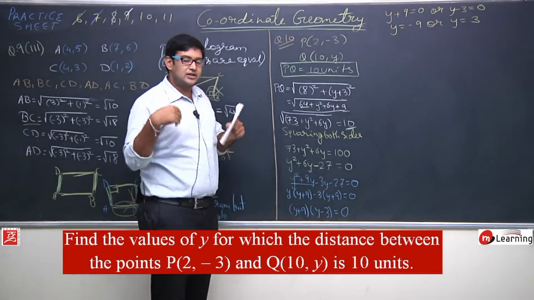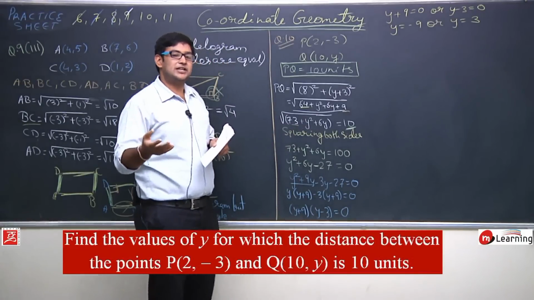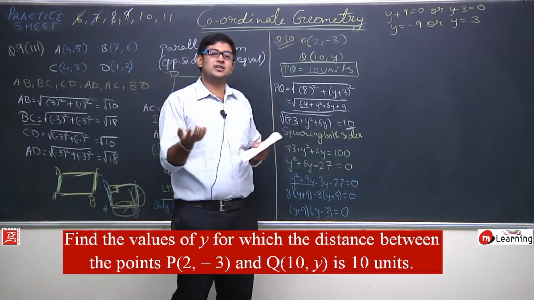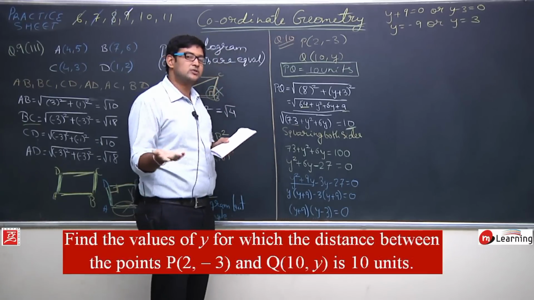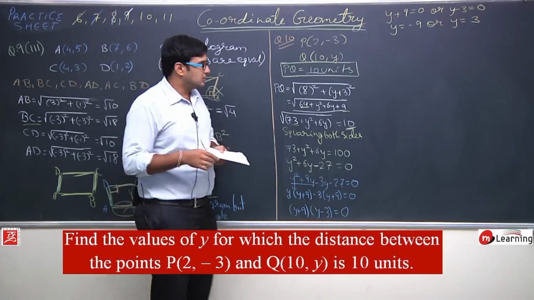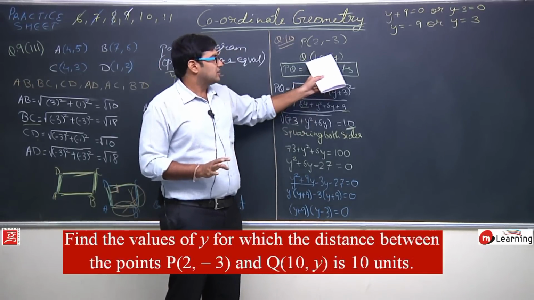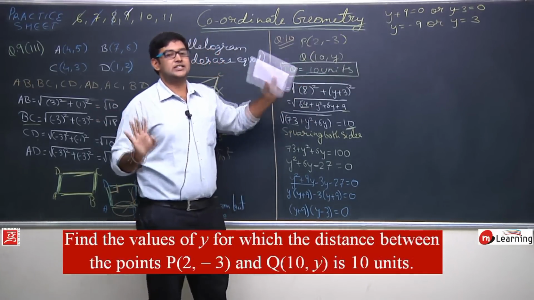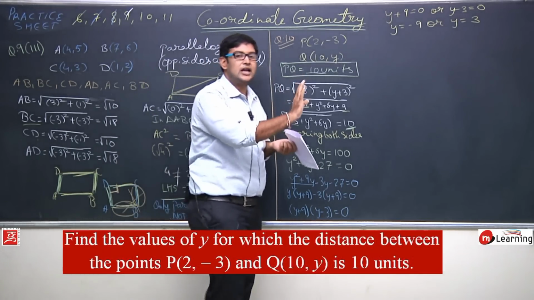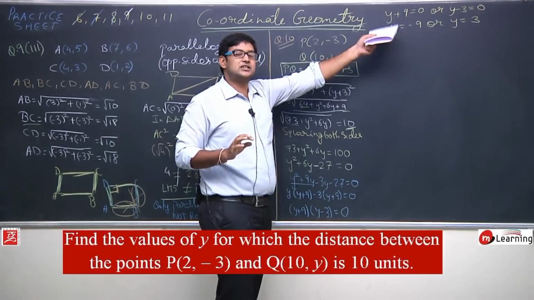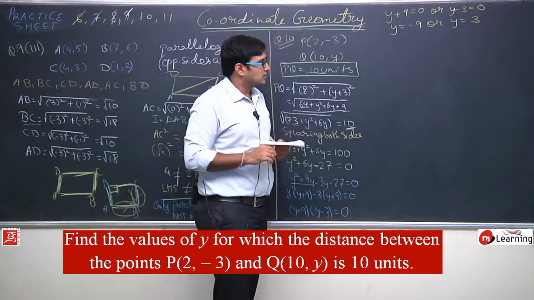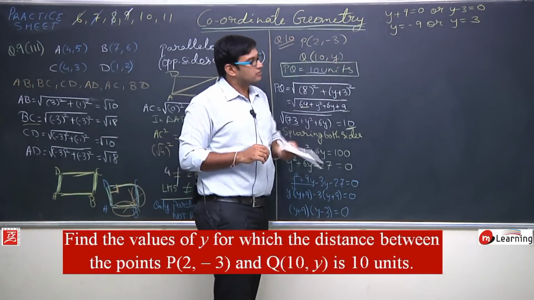You will learn these concepts in detail in class 11th in straight lines, in coordinate geometry, when you study mathematics in class 11th. So till now we have just understood that there can be two values of y, that's it. We will limit our discussion only up to this point. So y equals minus 9, y equals 3.